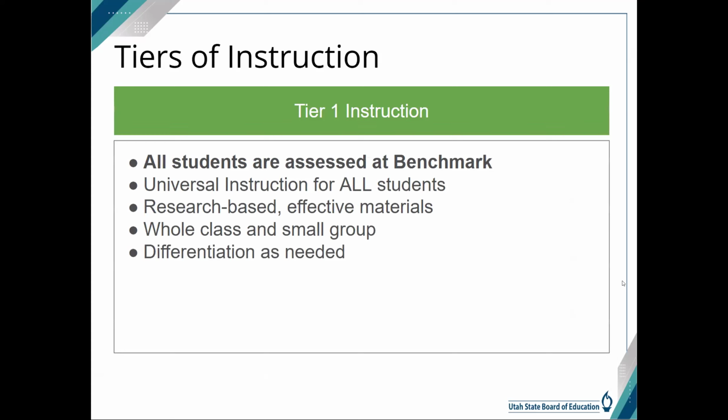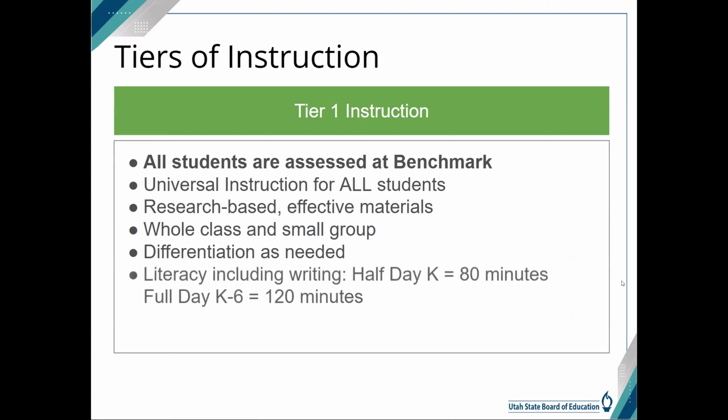Differentiating is needed for students, scaffolding to help them be successful and access the grade level material. The recommendation for literacy, including reading, is 120 minutes for students in grades K through 6 with full day K, and then half day K is 80 minutes a day.